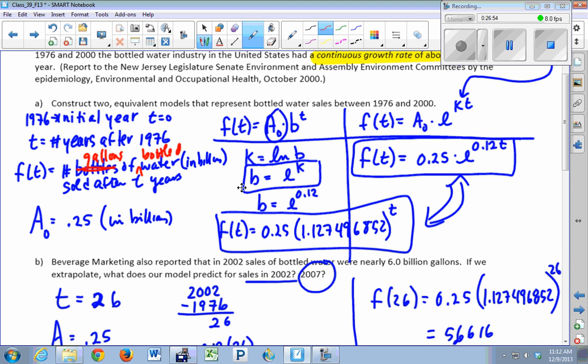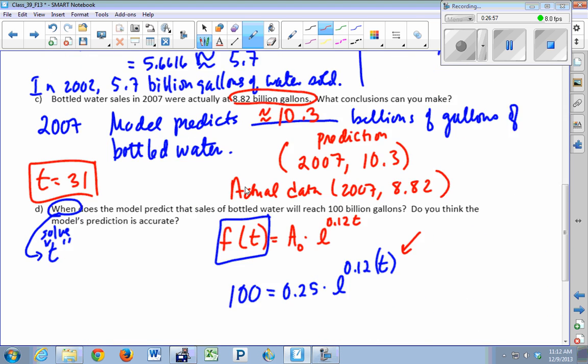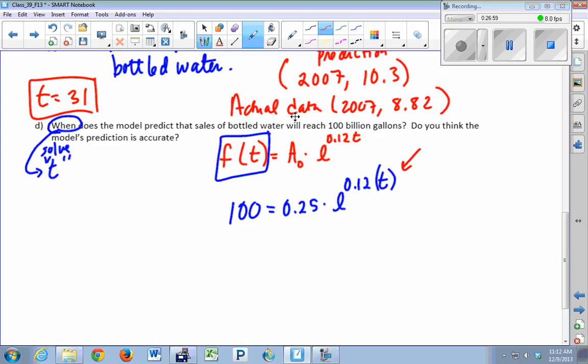So right here, Shane, when they say 100 billion gallons, that's the value here. This is the value we were getting once we knew what the year was before, right? We were putting like 26 and 31 in here, and out popped the number of billions of gallons. So now we're trying to figure out, when will we be selling 100 billion gallons of water?